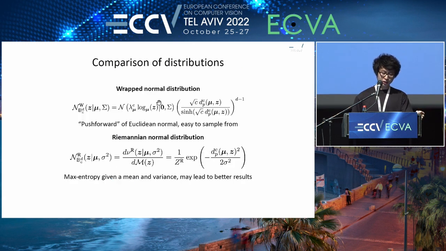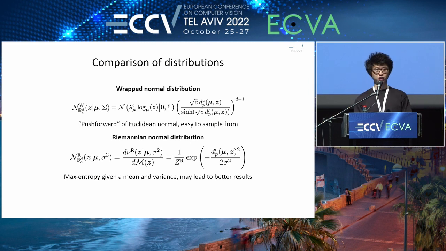So here it is. The wrapped normal distribution has a very complicated probability distribution, but it's actually very simple conceptually. Where it comes from is that we take samples from a Euclidean normal distribution, and then we map them to hyperbolic space through the exponential map.